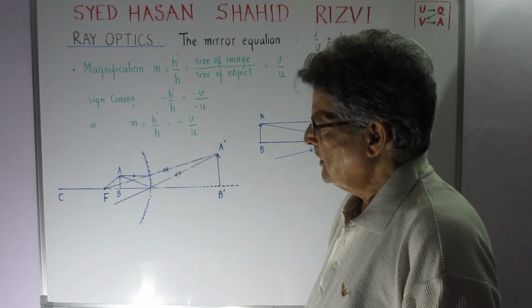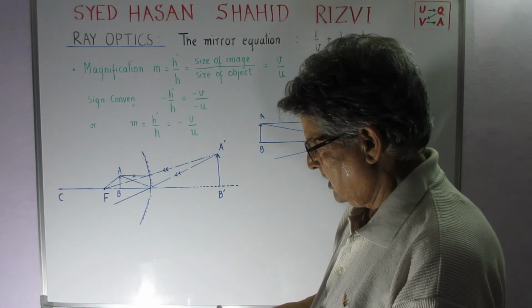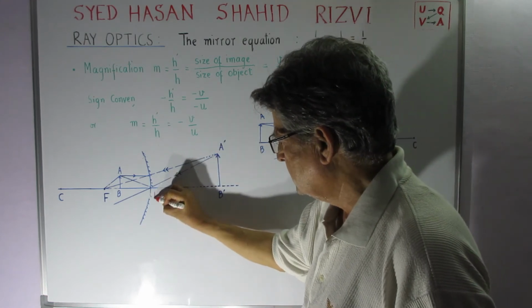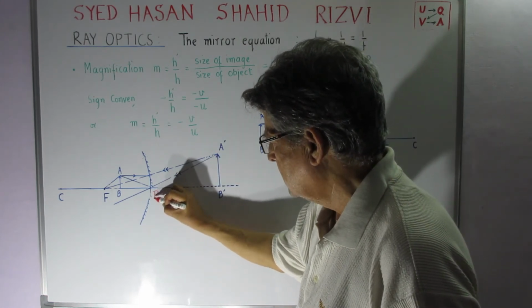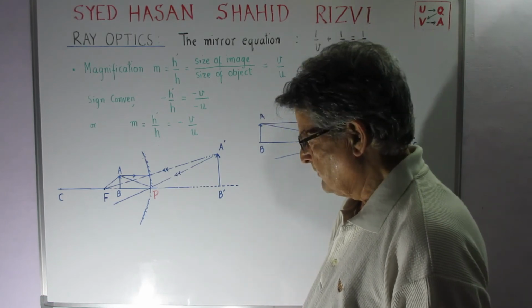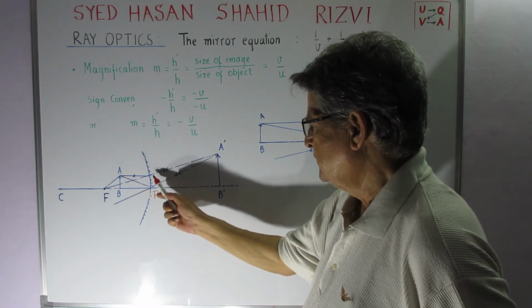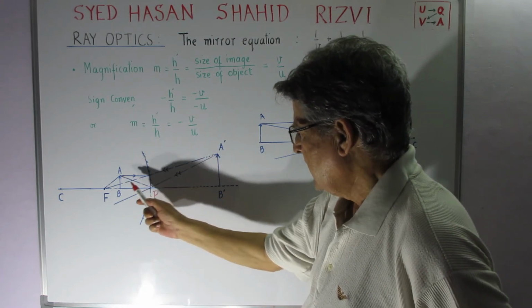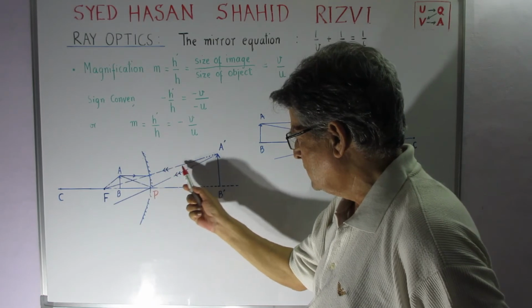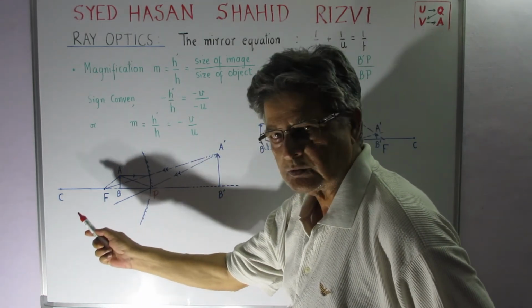So I have drawn a case where the object is between the focus and the pole of the mirror, the concave mirror. And then you see, I have one of the rays which is coming parallel, and then it appears to go through, and that is reflected back like this through the focus.